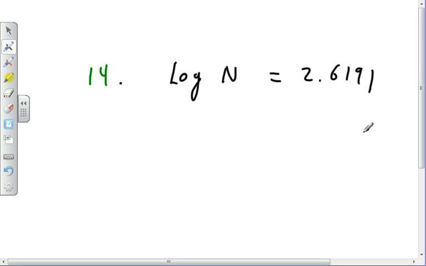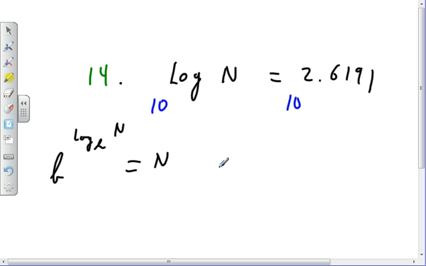But one of the rules said if I take the base and I take the log in that base of some number, I get that number. Remember that rule? That was like a half hour ago. So if I raise 10 to the log n, and I have 10 to the 2.6191, I have the same thing.